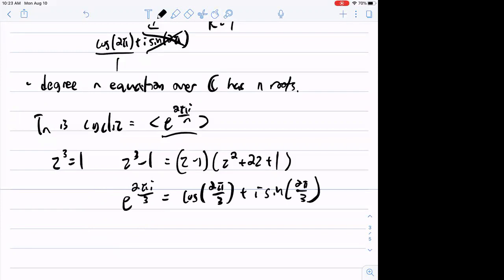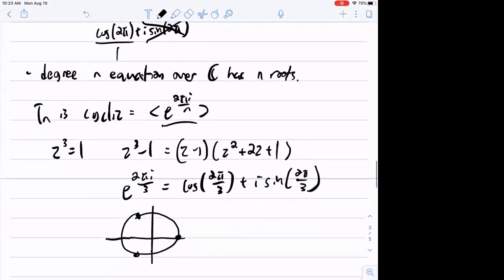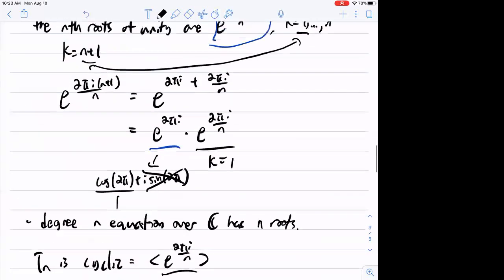So if I think about 2 pi over 3, your first root is 1, so it's right here. I'm going to guess it looks something like this. Yeah, for the T3.